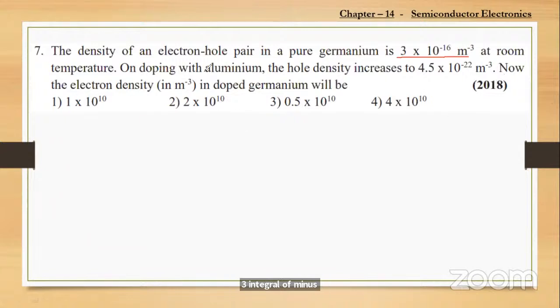On doping with aluminum, the hole density increases to 4.5 into 10 to the power of minus 22. Now what will the electron density be?